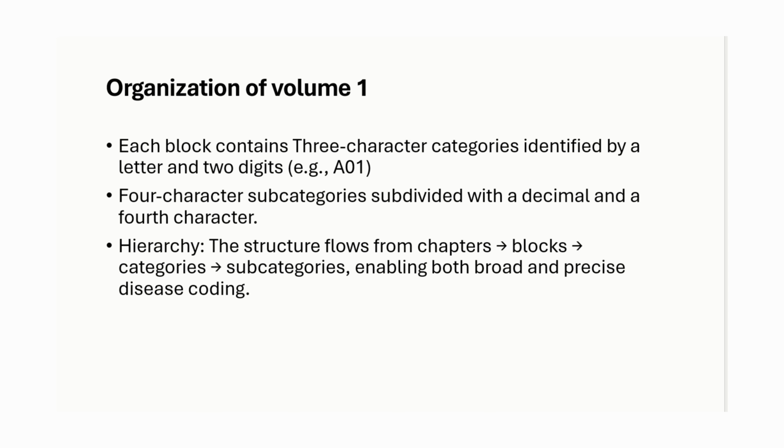Each block contains 3 character categories identified by a letter and 2 digits. 4 character subcategories are subdivided with a decimal point and a 4th character. Now, as you will see, the hierarchy of the structure flows from chapters, blocks, categories, subcategories. This enables both broad and precise disease coding.